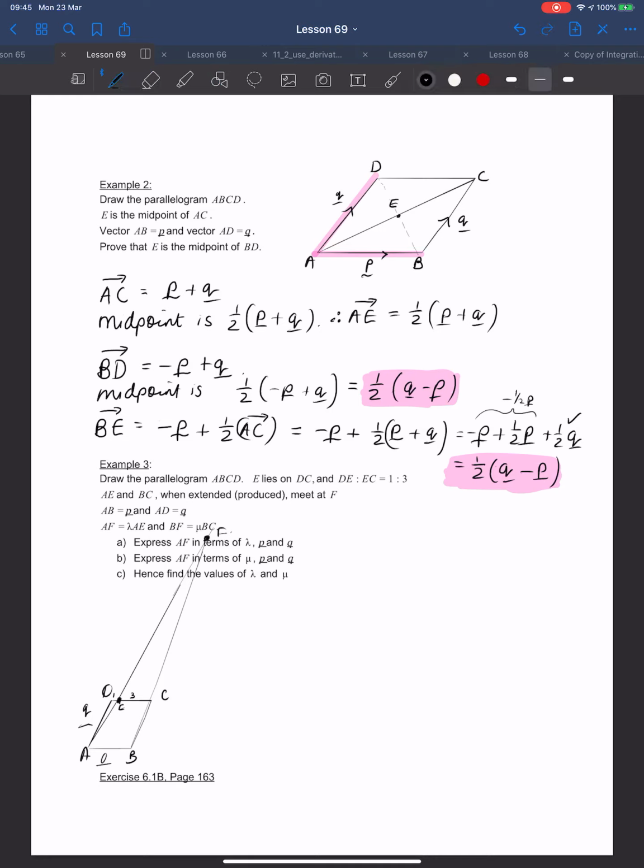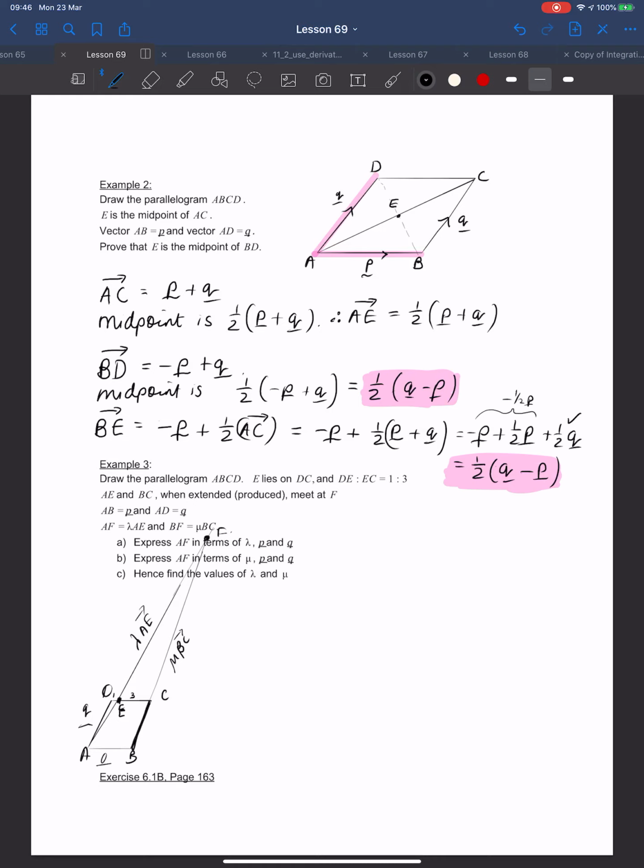A to F is lambda A to E, and E is there, remember? And B to F is mu B to C. That should lie over that actually. Okay. Express A to F in terms of lambda, P and Q.